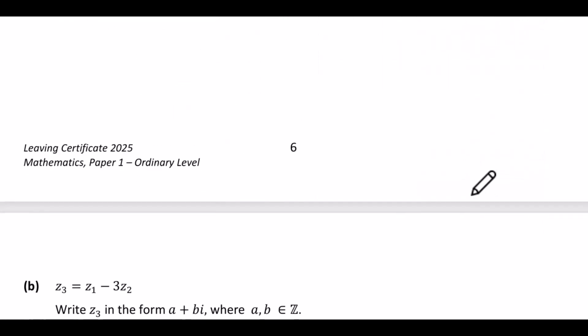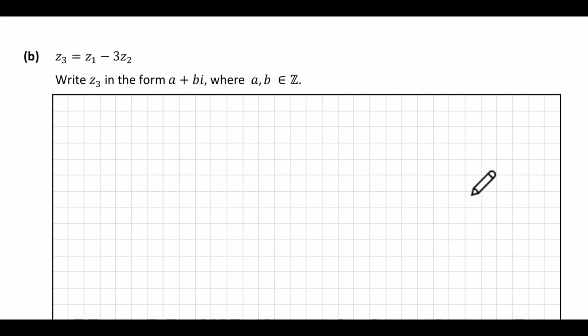Okay, next question then. We've got to write z3 in the form a plus bi. So z3 is z1 minus 3z2. So we've got z3 equal to z1 minus 3 times z2. If we stick in z1 and z2 into this equation, z1 is 4 plus 3i, given in the question, and then minus 3 times z2, well, we're given z2 as 2 minus i.